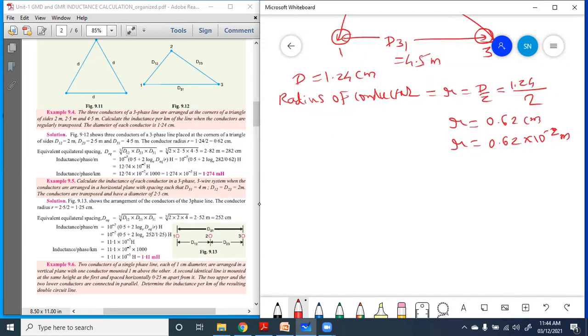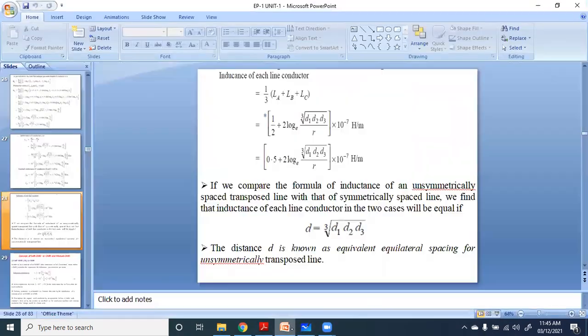Now, because the line is regularly transposed, we have to calculate the inductance per kilometer of the line when the conductors are regularly transposed. For such a case, what is the formula? We discussed it in the previous lecture: inductance of each line conductor is 0.5 + 2 log e (cube root of d1 d2 d3 / r).